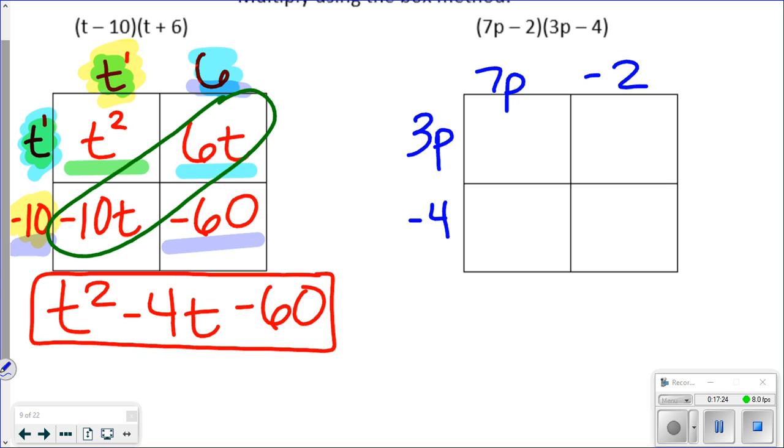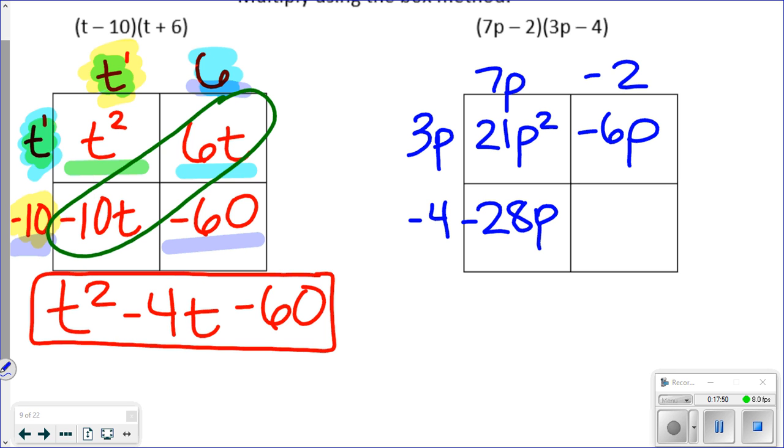If you switched your 7p minus 2 and 3p minus 4, that's okay. I chose to write it this way this time, but we're still going to come up with the same answer if we did this correctly. 3 times 7 and p times p. 3p times negative 2 is negative 6p. 7p times negative 4 is negative 28p.